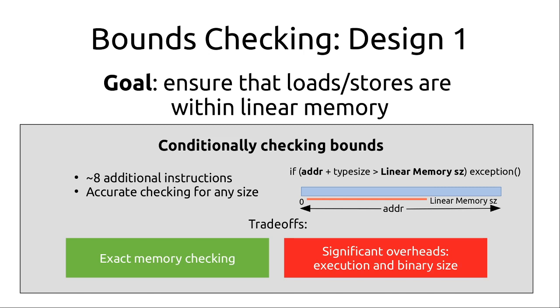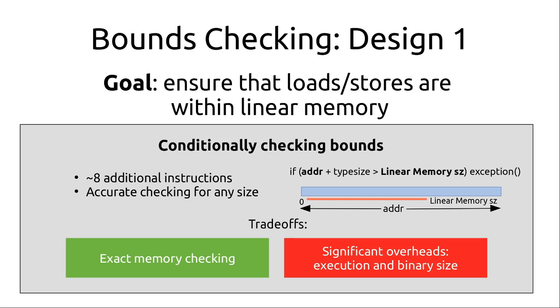So this first design simply does conditional checking on each dereference, each load or store, to make sure that it stays within the bounds. This takes about 8 additional instructions for every load and store and is quite accurate because it can take the linear memory size, whatever it is, and checks whether our accesses are within that. And you can see some rough C pseudocode for what that might look like.